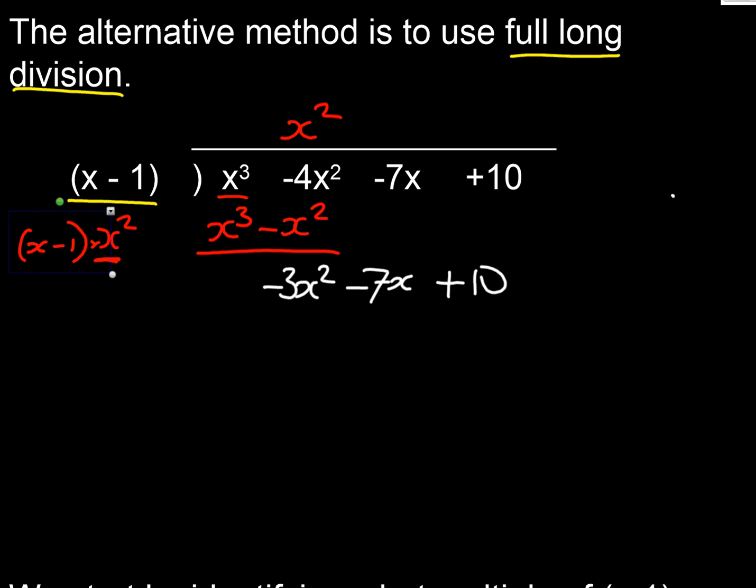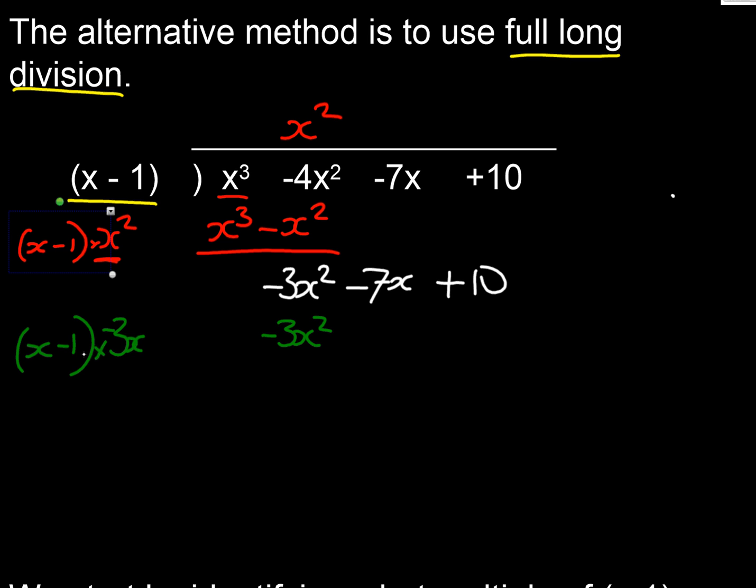So let's have a look at what I can do with my x squareds. How many multiples of x minus 1 go into this, particularly into this minus 3x squared? Well, minus 3x multiples of x minus 1 would give us that term there, wouldn't it? So that's minus 3x squared, and that will cancel that out.